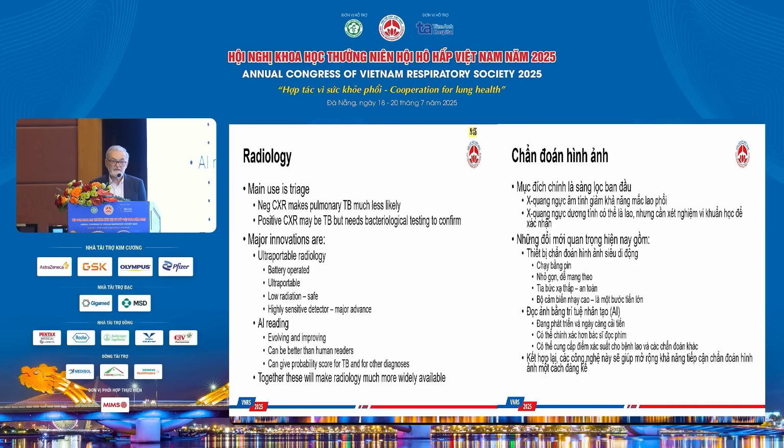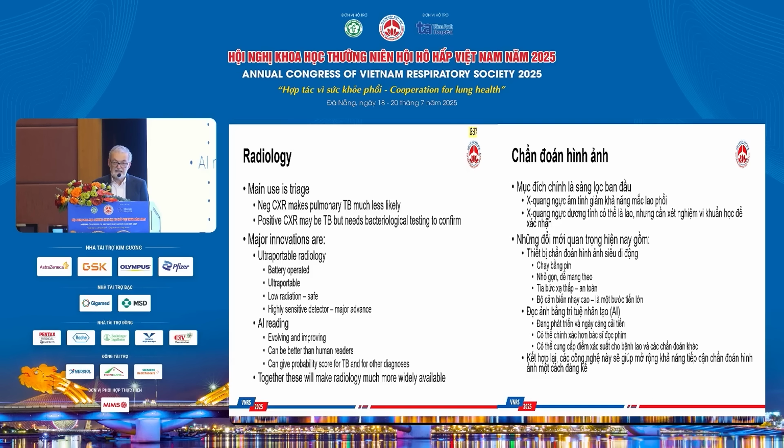Two important developments now make radiology much more accessible, and I think in the future will be accessible right down to the level of commune health posts in Vietnam. These are ultra-portable radiology, which is battery operated, very portable, can be very low radiation and therefore safe.